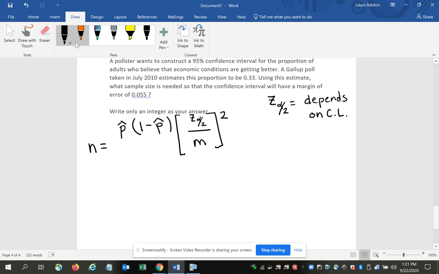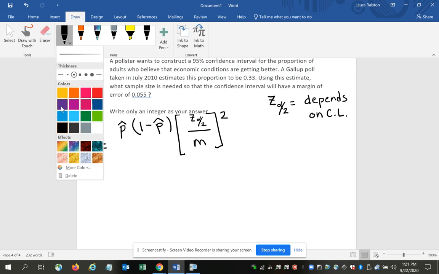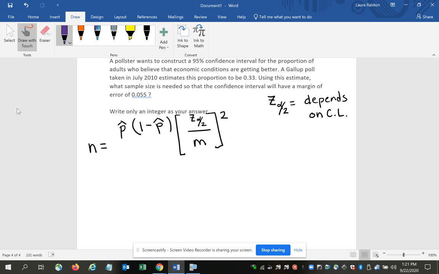Okay, so there's a lot of information that I need before I can actually plug and chug into the formula, because I need p hat, which again is that proportion of success. I need to calculate 1 minus p hat, which is actually the probability of failure.